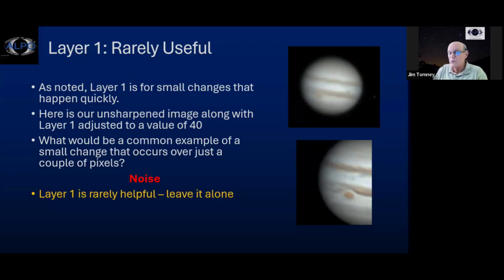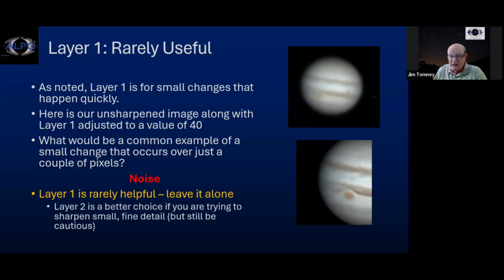So clearly, for layer 1, there are some situations where it might be helpful, but in general, you're better off leaving it alone in RegiStax. Layer 2 is going to be a better choice if you're trying to sharpen some small, fine detail. But even then, you still need to be a little bit cautious that you're not also turning up the noise level with this.